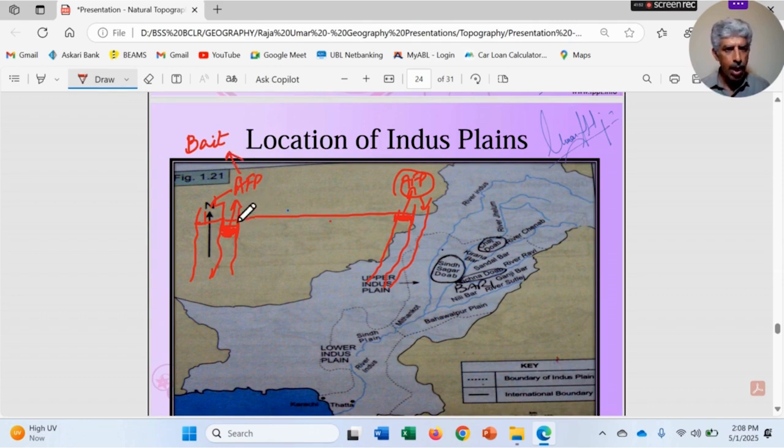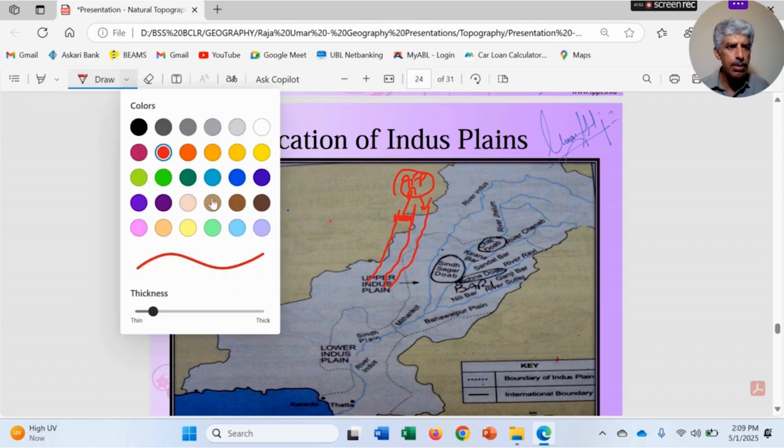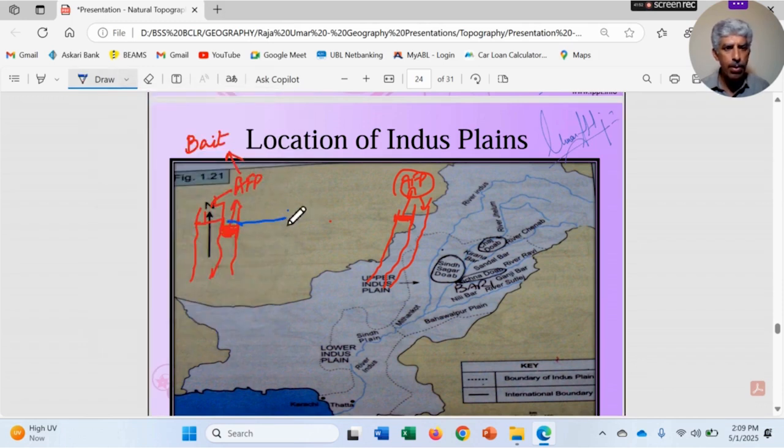And about 2 kilometers area from the main river stream, let me change the color to make things more identifiable for you.